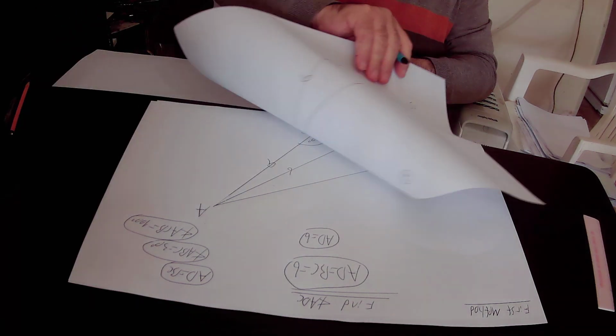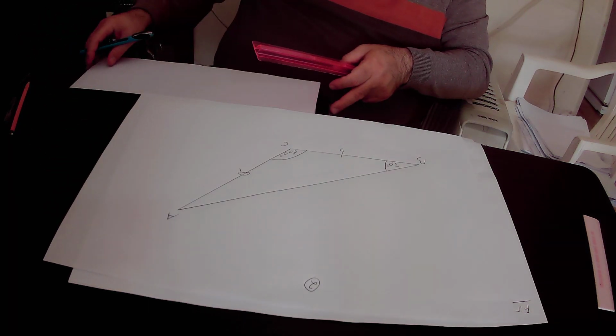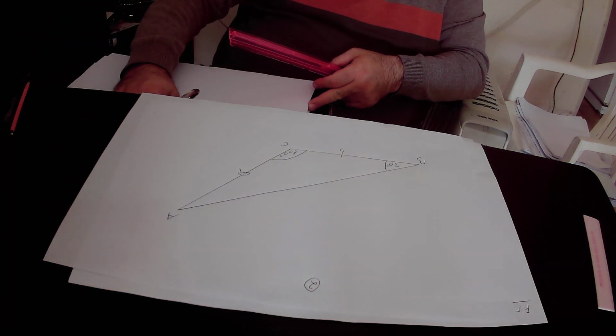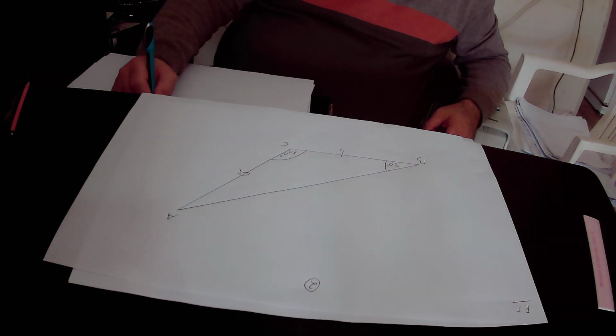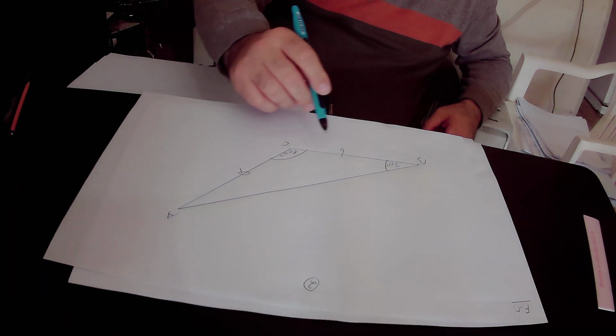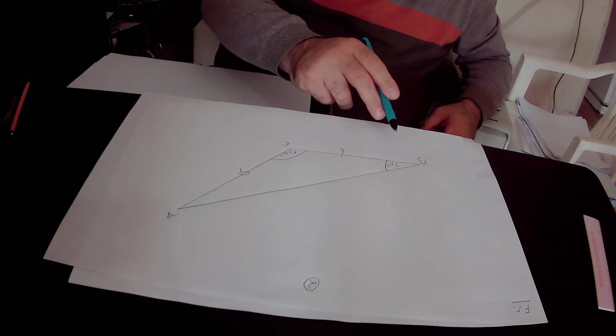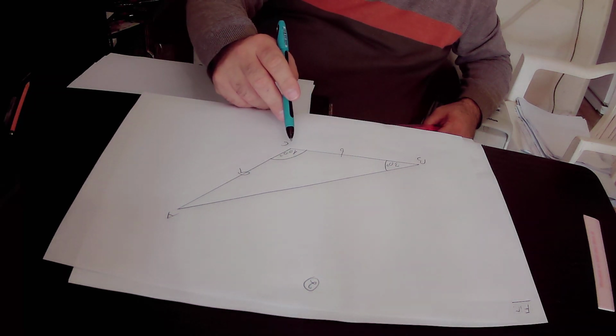So this is triangle ABC that I copied from the original drawing. We know that side AC equals A units, side BC equals B units, angle ABC equals 30 degrees, angle ACB equals 100 degrees.